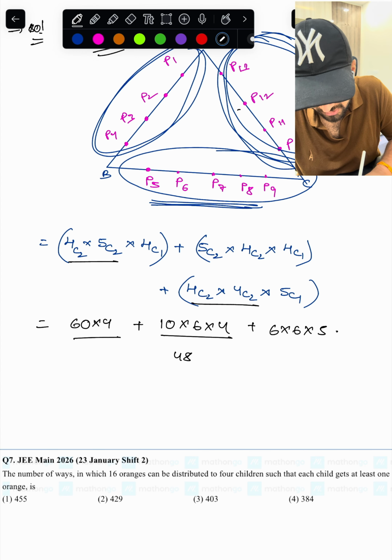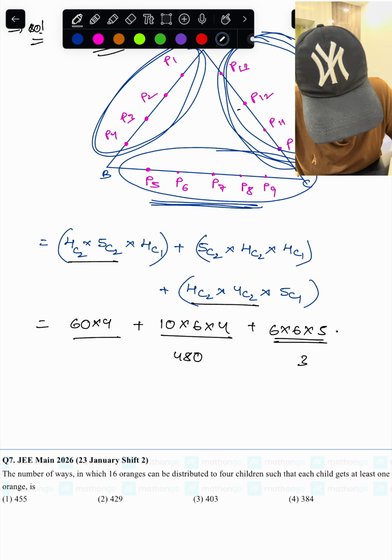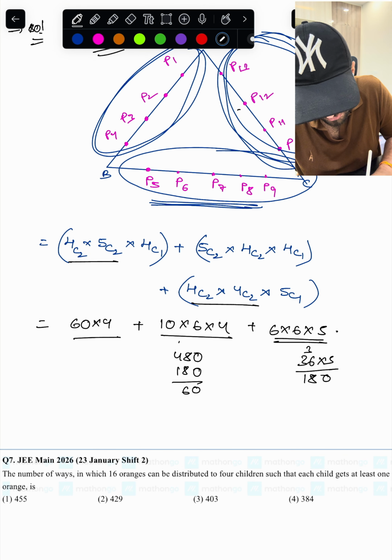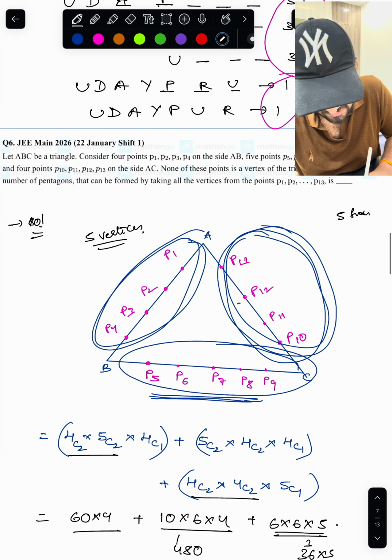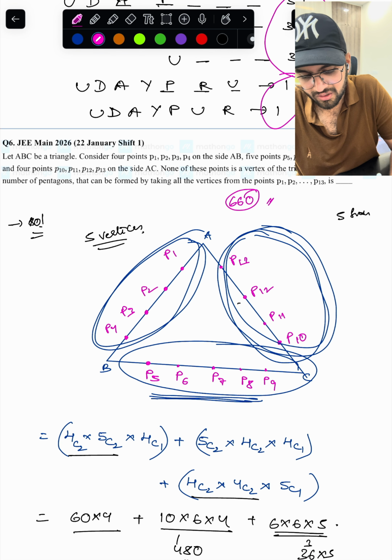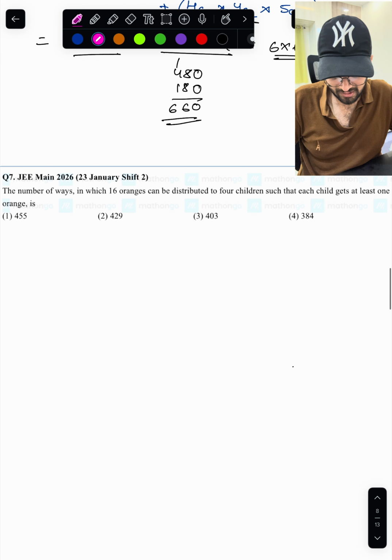So this is 240, this is 240, 480, plus how much is this? 36 5s, 180. So how much? 660. So how many pentagons can be formed? 660 pentagons. Simple. Done. So we are done with that question.